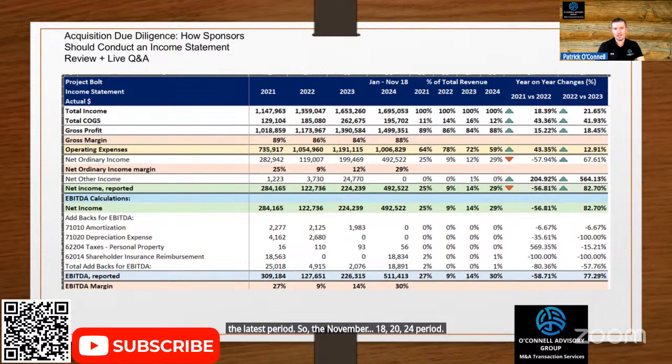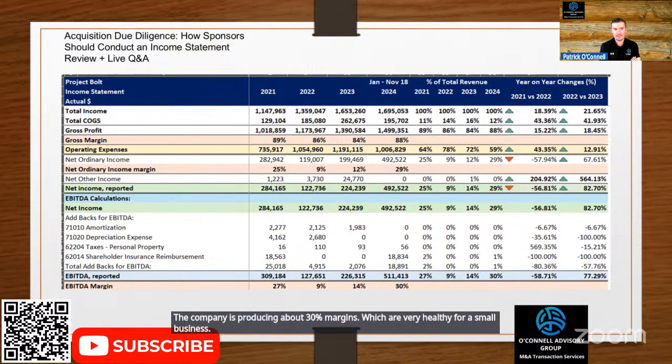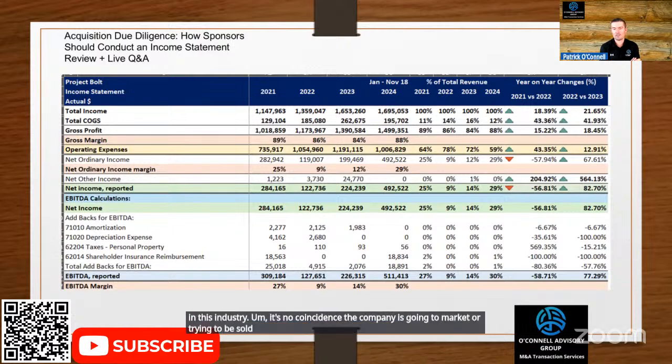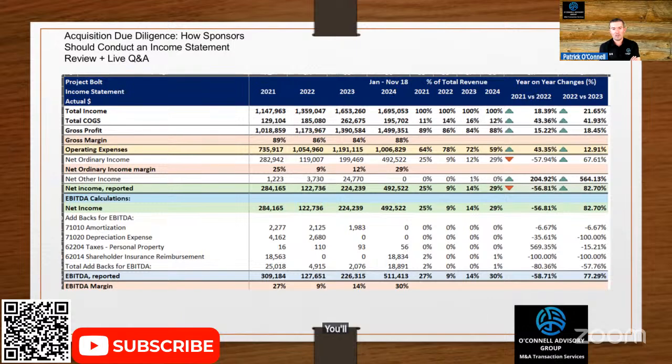The company is producing about 30% margins, which are very healthy for a small business in this industry. It's no coincidence that the company is going to market, or trying to be sold, in the period of the best performance over the last couple of years. You'll see in 23, the margins of the same business with similar revenues.